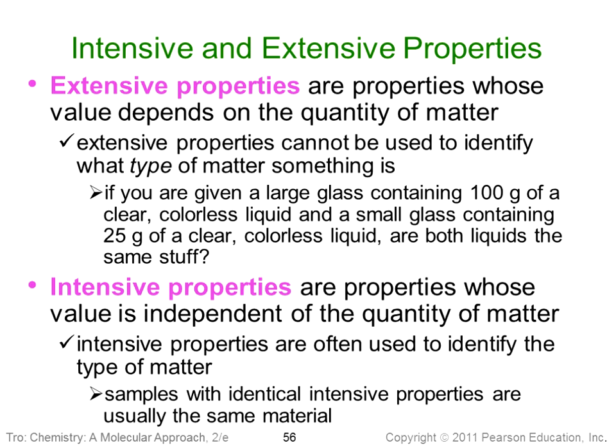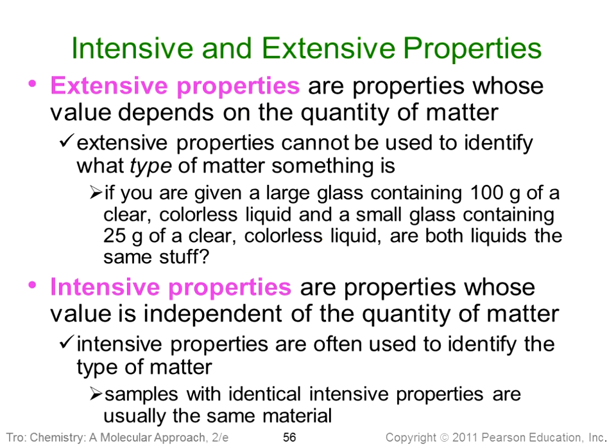Now on to density. Before getting to density, we look at what are called extensive versus intensive properties. Extensive are properties that depend on the quantity or the amount of matter, such as the mass. Intensive are independent of the amount of matter.